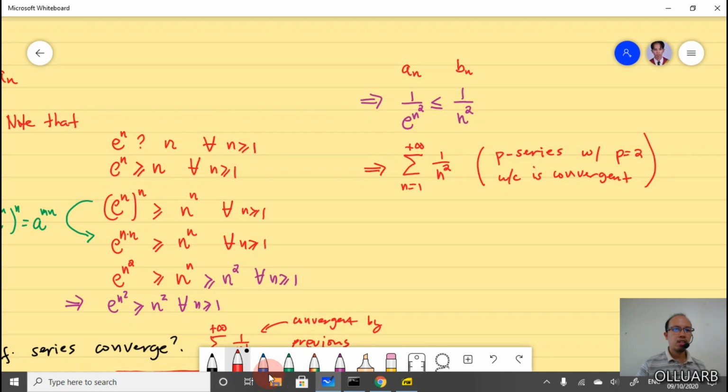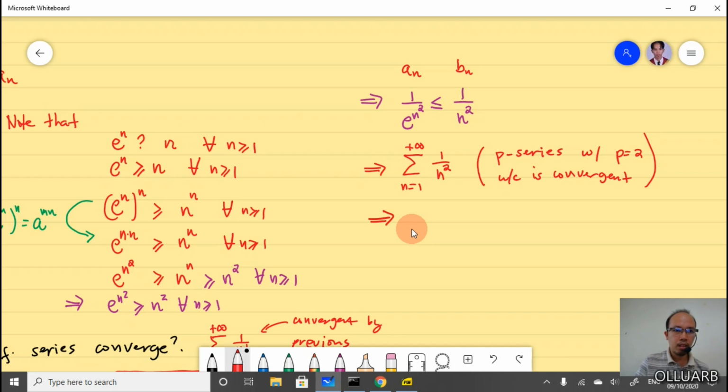So therefore we have shown that since this is convergent, the series a sub n is also convergent, based on the theorem.